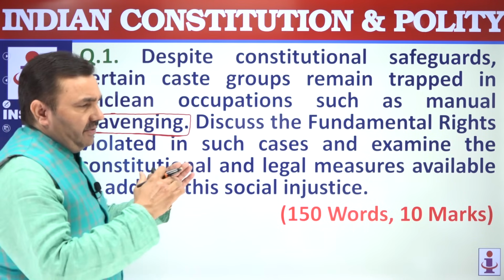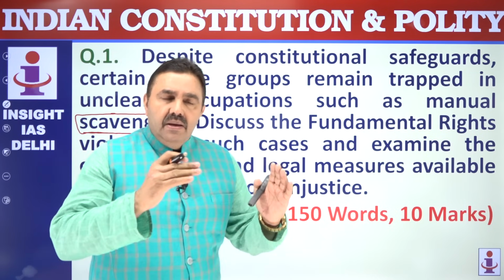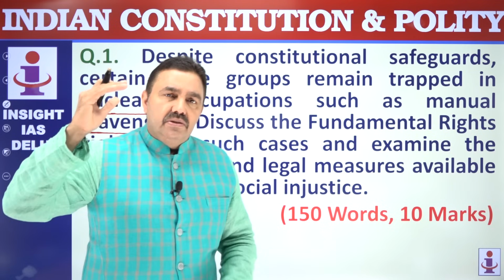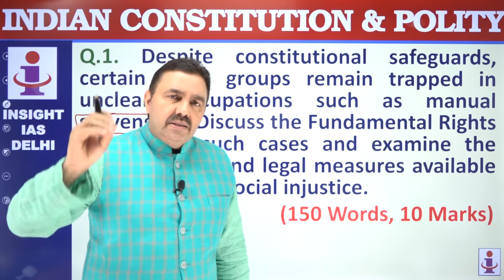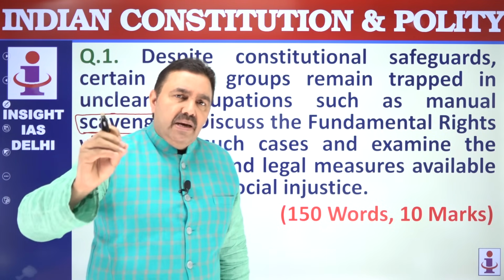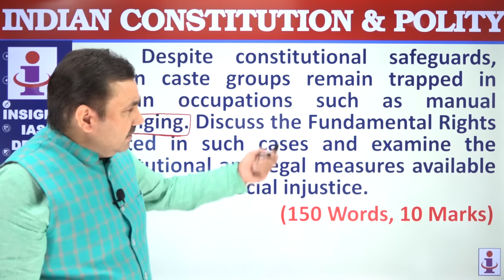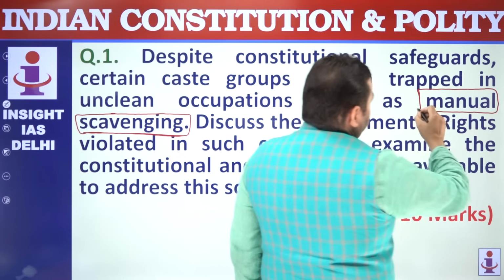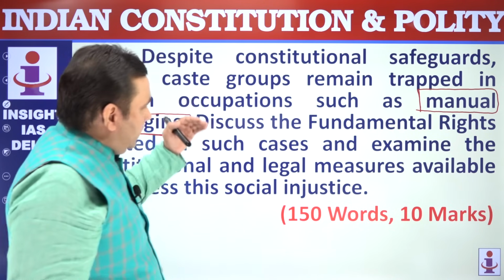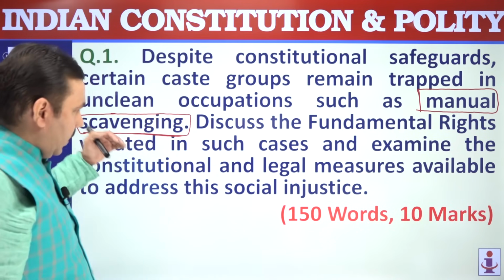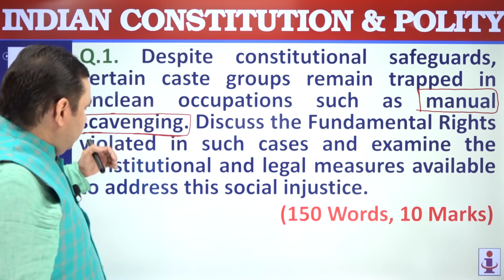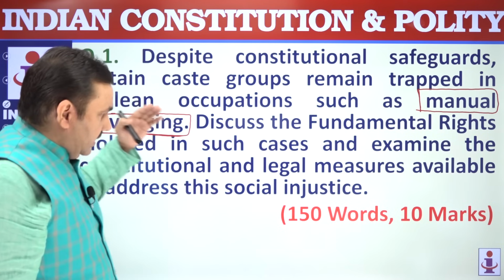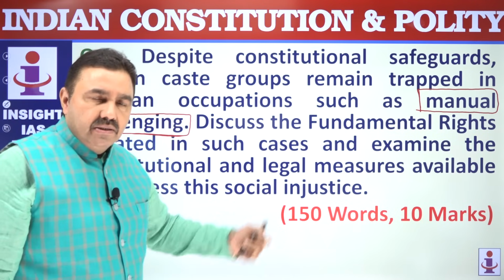What is the point of having a democratic political system if some members of our family, some citizens of our nation are still made to indulge in manual scavenging? So manual scavenging here, first thing, you have to understand what is the meaning of it. Discuss the fundamental rights violated in such cases. Examine the constitutional and legal measures or safeguards available to address this social injustice.